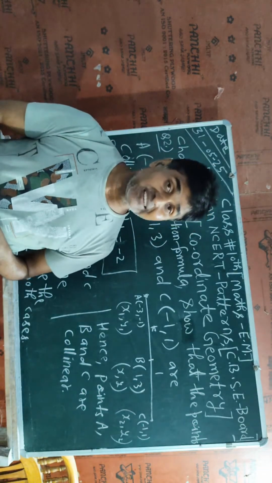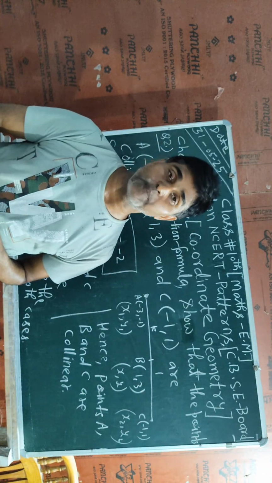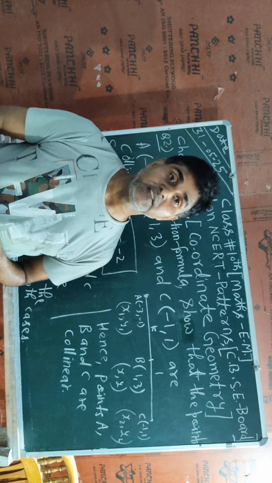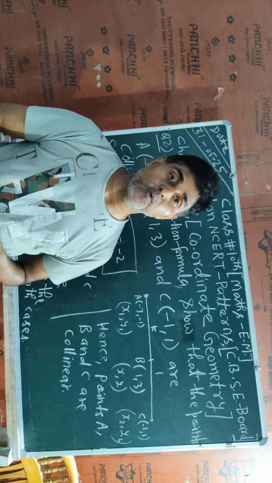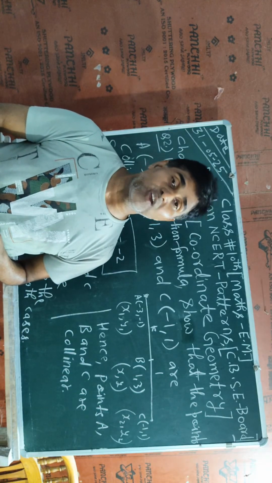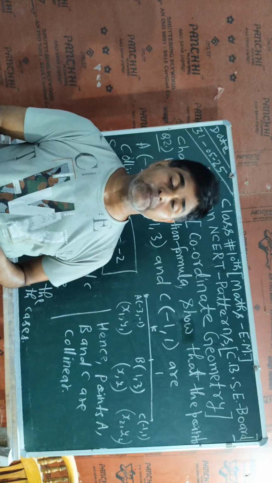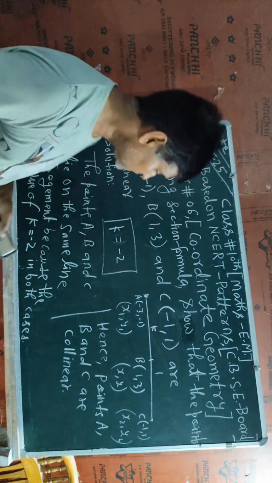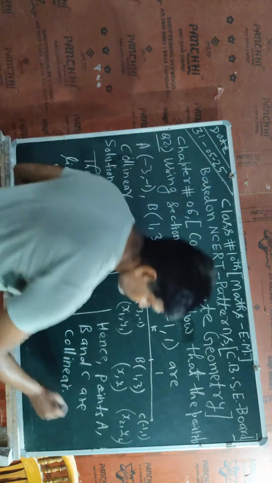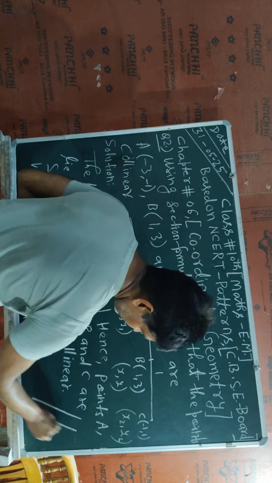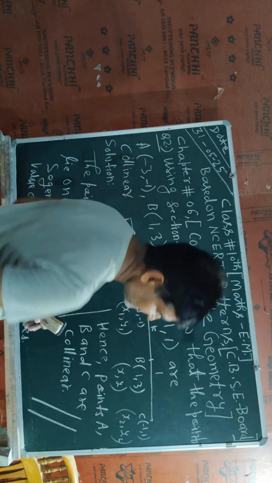So I will again take the slope of that line, and I will get the slope in the second case. So in the first and second case, both line segments will have the same slope. It means that both lines will be parallel to each other. One line will be like this and the other line will be like this.